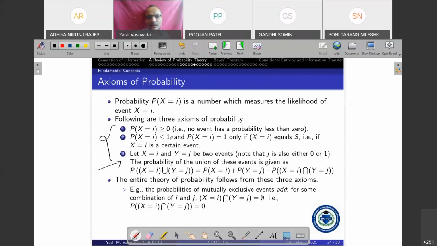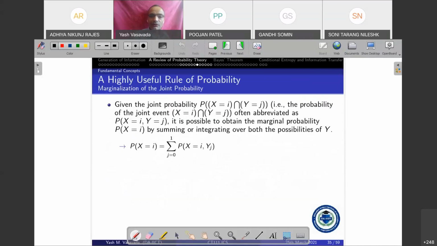The second axiom says that probability can never be more than 1. Okay. And what is this third axiom? This is the important one, and that is what we are going to be studying in the next lecture.